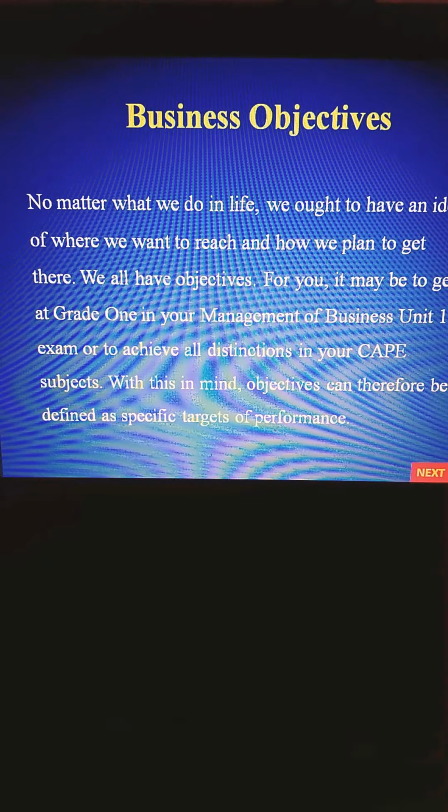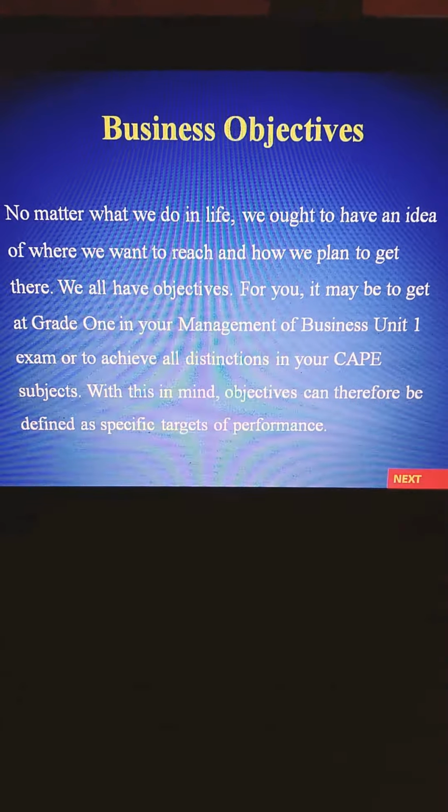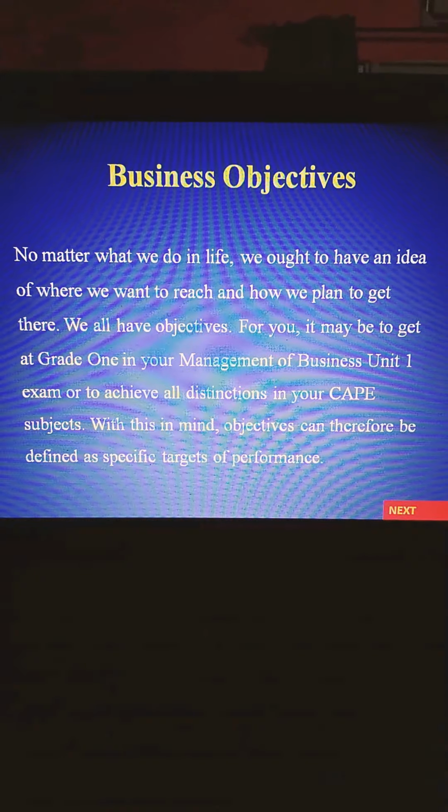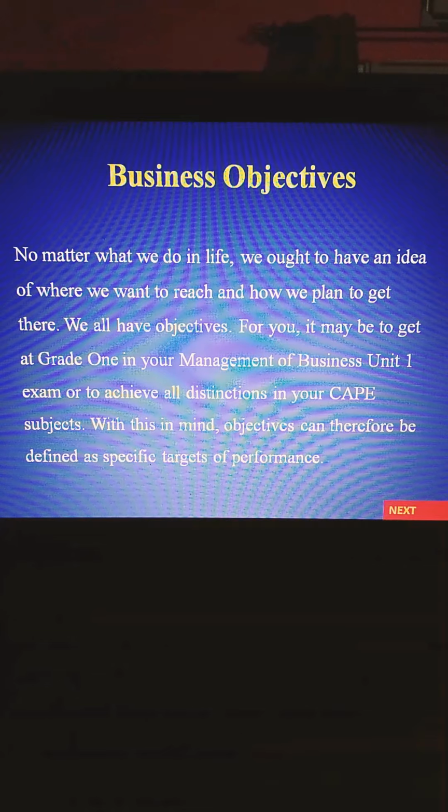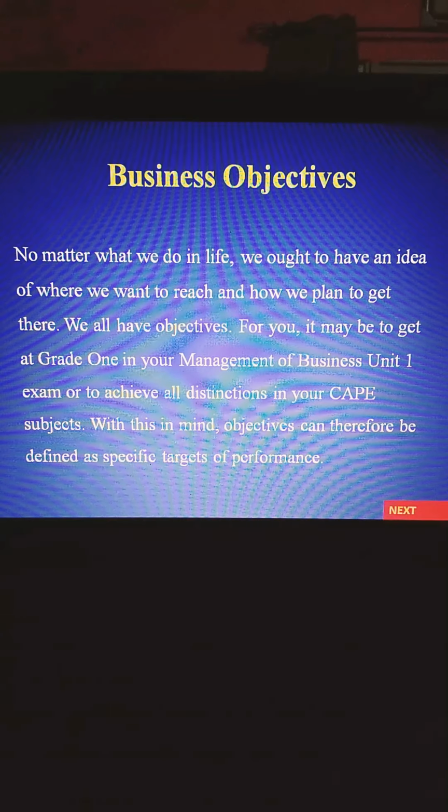Business objectives. It is said that no matter what we do in life, we also have an idea of where we want to reach and how we plan to get there. We all have objectives. For you, it may be to get a grade 1 in your management of business Unit 1 exam, or to achieve all distinctions in your case subject.